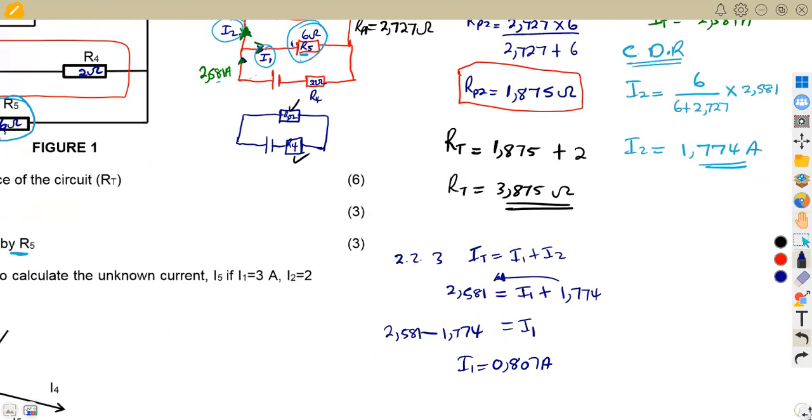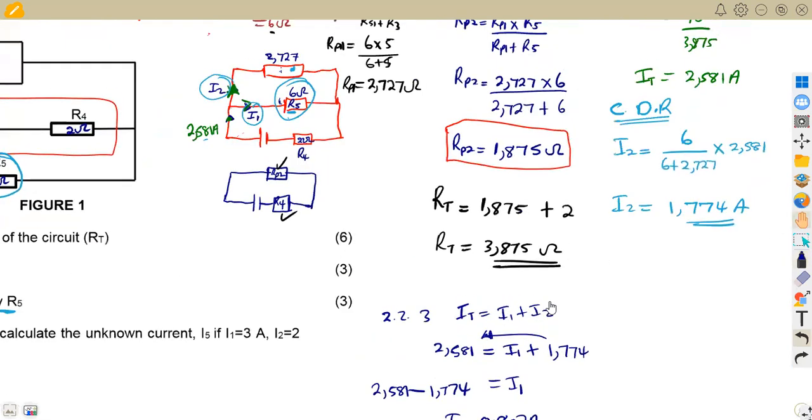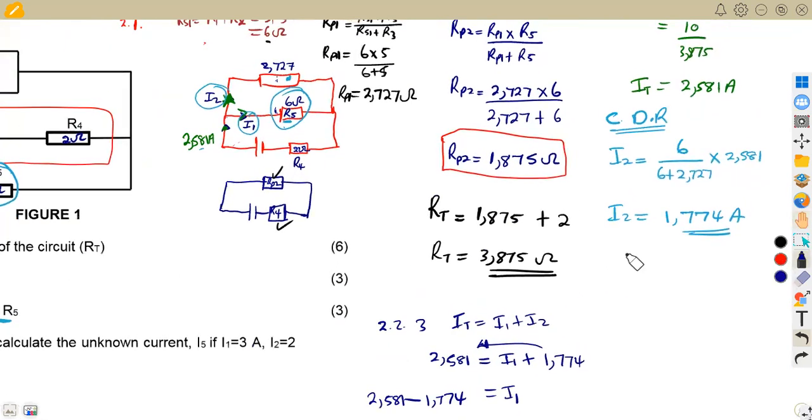If we have the current, our question is how are we going to obtain the power now? So consider this, guys, from our circuit, you have the current on this resistor, which is 6 ohms.